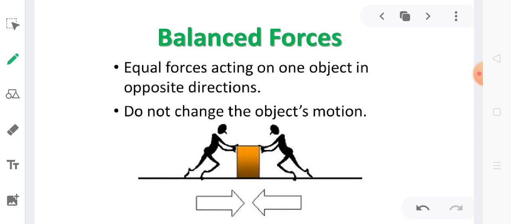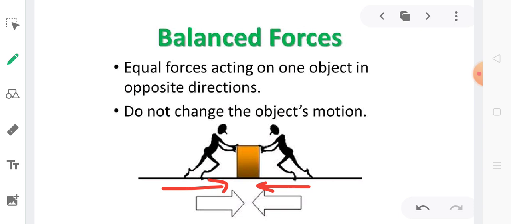Like you can see in the picture, two people are trying to push a box, but what is the difference in this case? The difference is the direction. As you can see, one direction is towards right while the other direction is towards left.